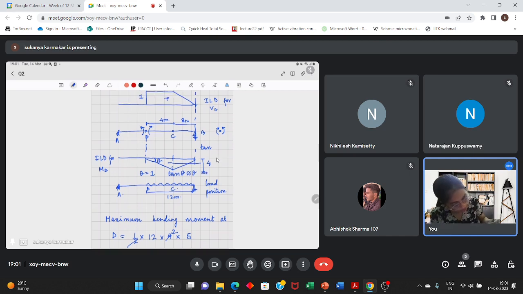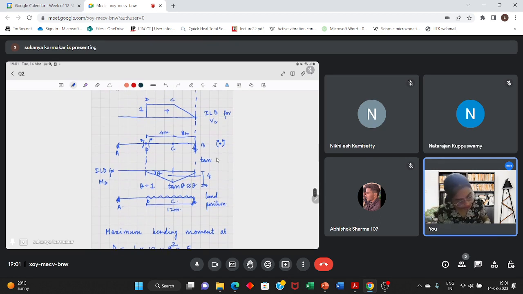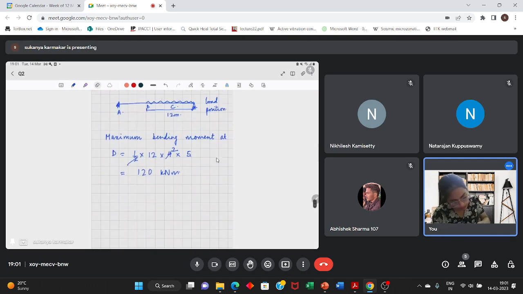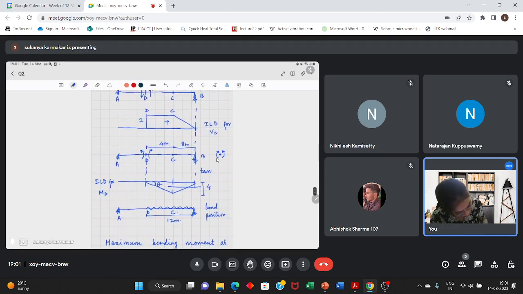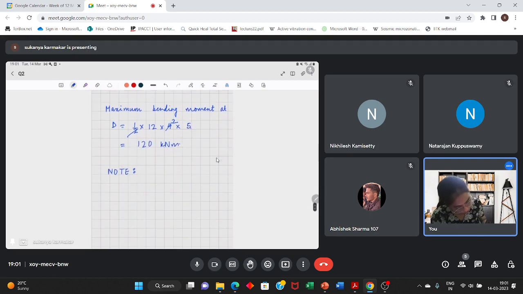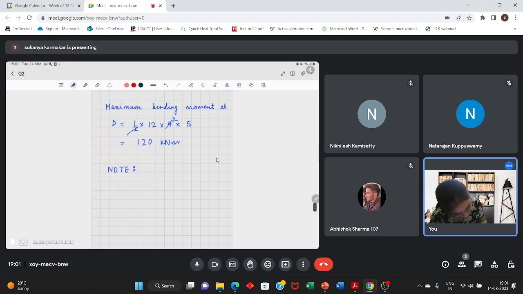Let me put a note and write here: theta is equal to 1. Here I am assuming theta is very small, so I can write tan theta is approximately equal to theta.